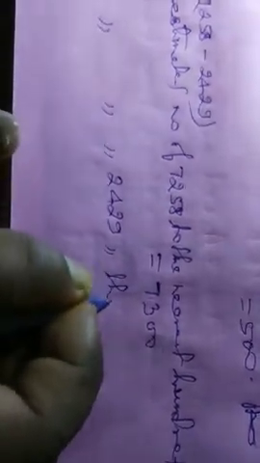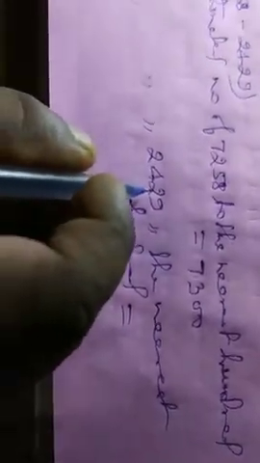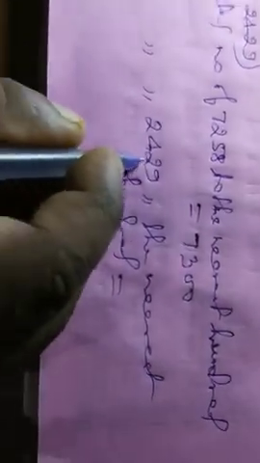Now again, estimated number of 2429 to the nearest 100. The digit at the hundreds place is 4 and the digit at the tens place is 2. It lies in the range from 0 to 4, so there is no conversion at the hundreds place, that is 4 is as usual. 2400.